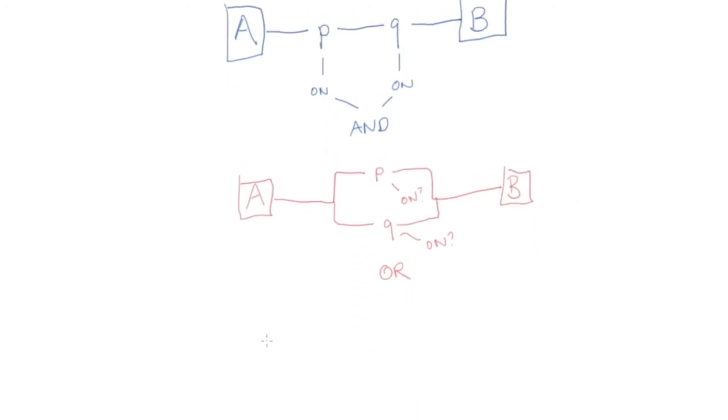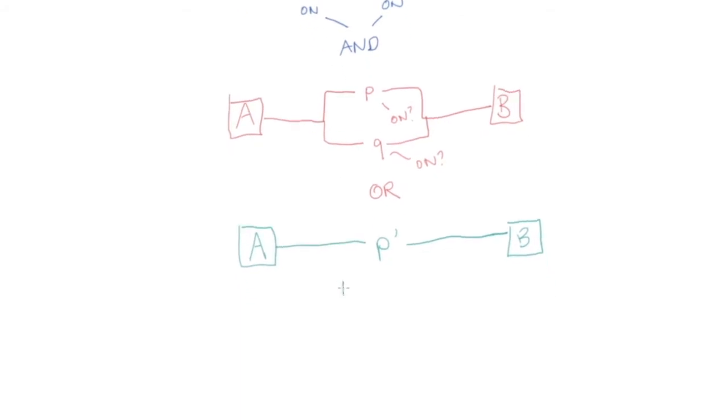The last kind of circuit we could look at is sort of the most simple one. Again, the current is flowing from A to B, and it has to pass this time through P prime. So P prime is just like P, except it is the opposite. Whenever P is off, P prime is on, and whenever P is on, P prime is off. So it's the opposite switch to P. So what does this remind you of? This kind of flipping behavior is just the exact kind of behavior we see with not.